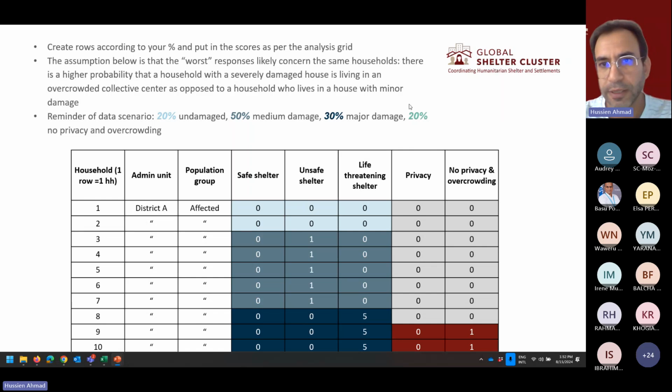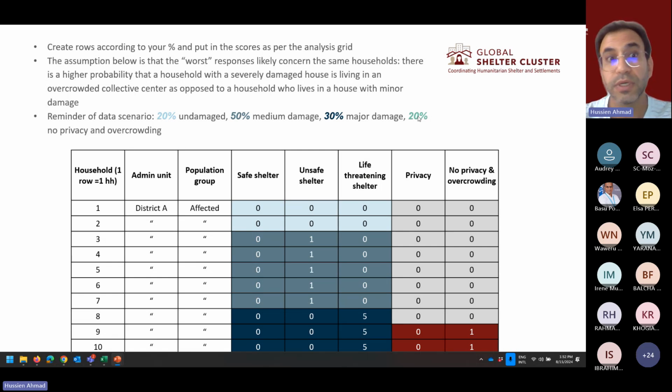So because we have 20% of population with no privacy and overcrowding, in this case, we will assume that these 20% are the same with houses with major damage. If they finish with these people, we start with the household number 10. We say they have no privacy and overcrowding. Household number 9, the same.